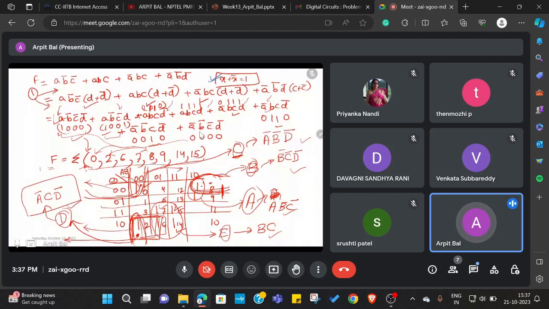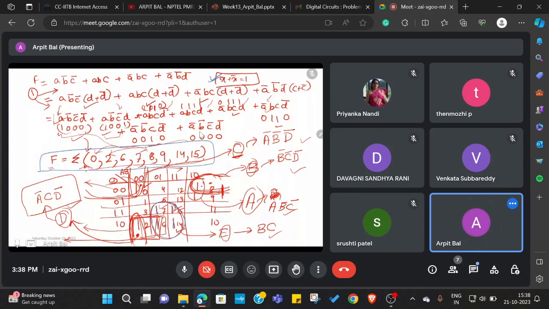Then I write it in the form of sum of minterms. Then I arrange it in a Karnaugh map. After arranging it in the Karnaugh map, I see which ones can be clubbed together to form the prime implicant. Similarly, I see that there are 4 ones present here, so they should be clubbed together to form a prime implicant.